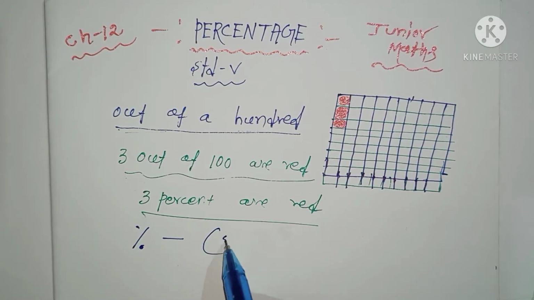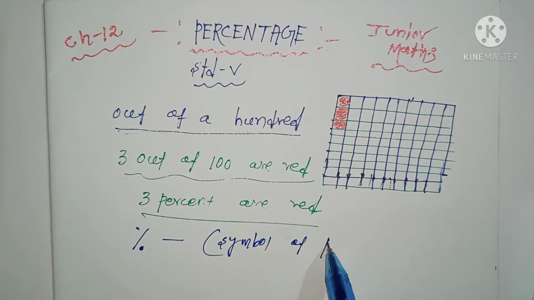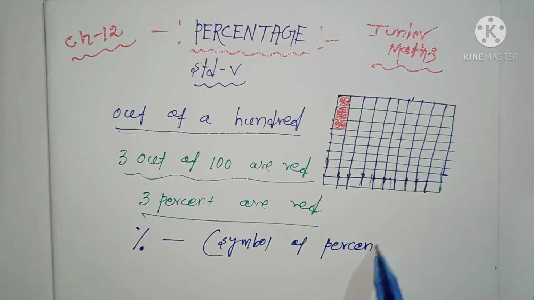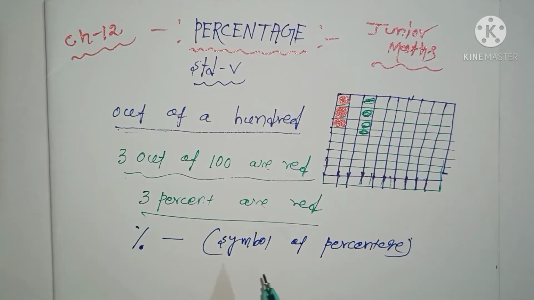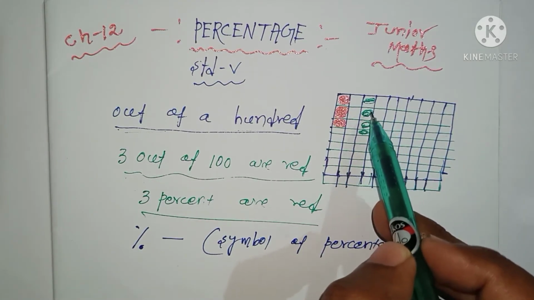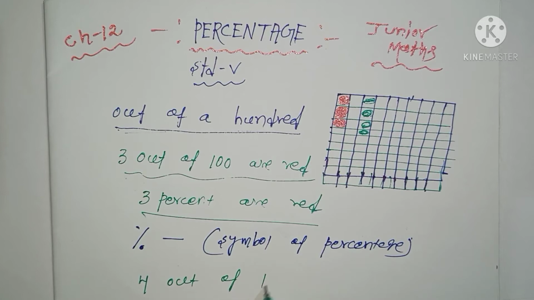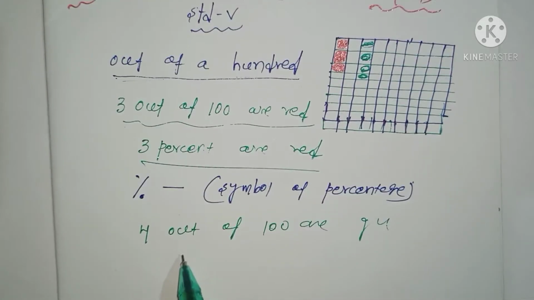This is the symbol of percentage. Similarly, if I have drawn 4 parts in green color, it means 4 out of 100 are green. We can say that 4% are green.